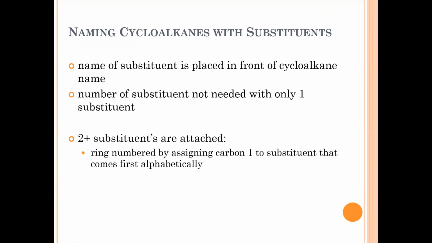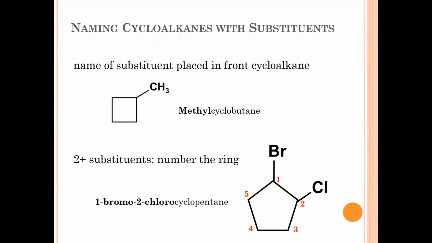But if we have 2 or more, we're going to assign carbon 1 to the branch that comes first alphabetically, okay? So that's the key. If we have 2 or more groups, we assign carbon 1 as the one that comes first alphabetically. So in this case here, this is just a methylcyclobutane.